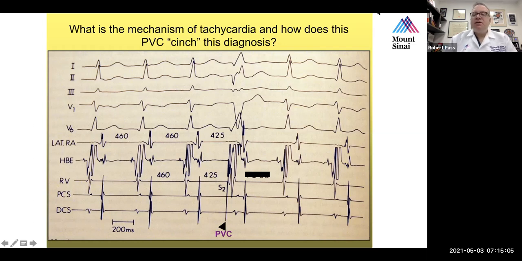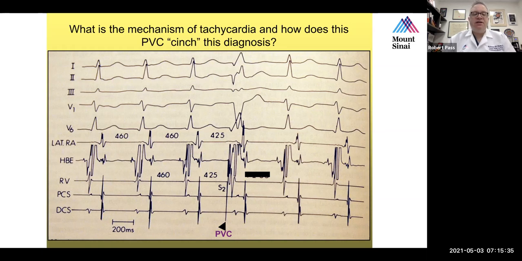So this is a patient who is in tachycardia, and a PVC is placed into the tachycardia. And I'm going to ask Dr. Sergey Babia to answer if he can tell whether this has helped us to figure out what the diagnosis of this tachycardia is.